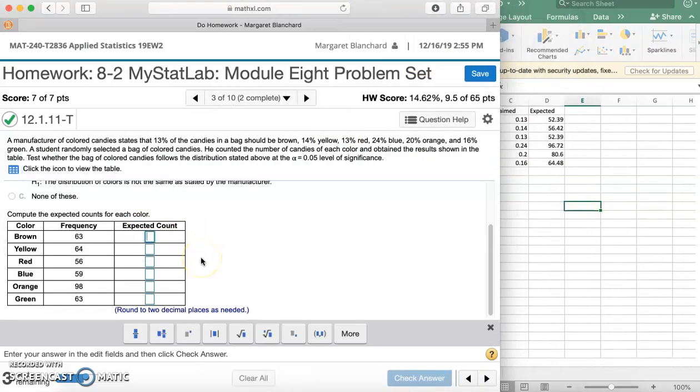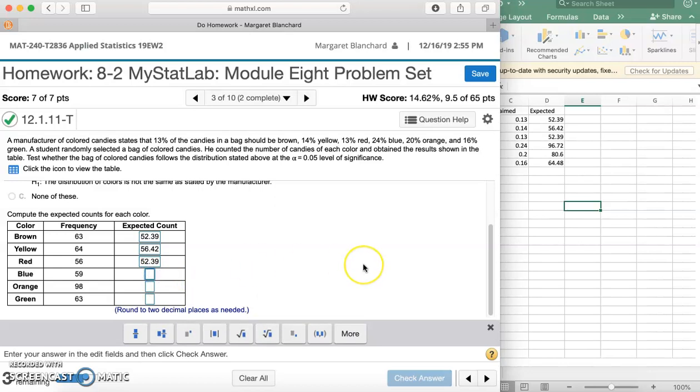I have them in the same order. For brown, 52.39, because it says to round to 2 decimal places, which all of these are. Yellow, we have 56.42. Red, we have 52.39, which we'd expect to be the same as brown because the claimed proportion was the same.